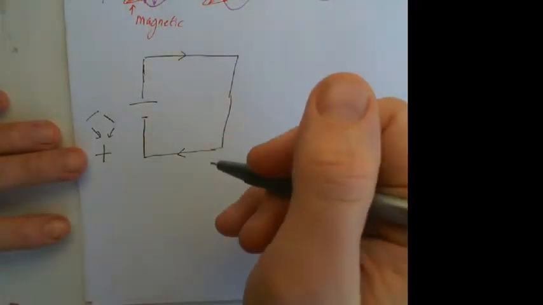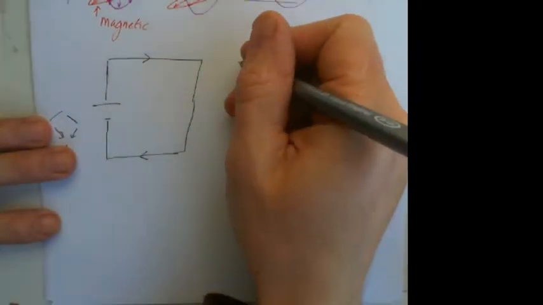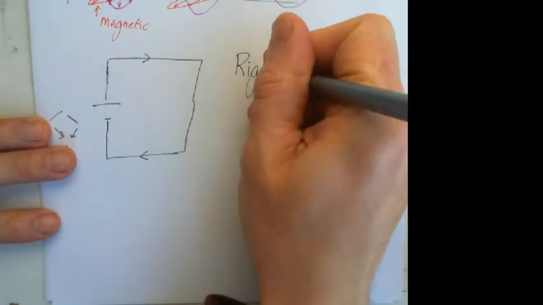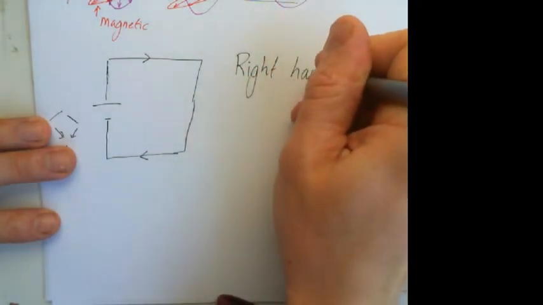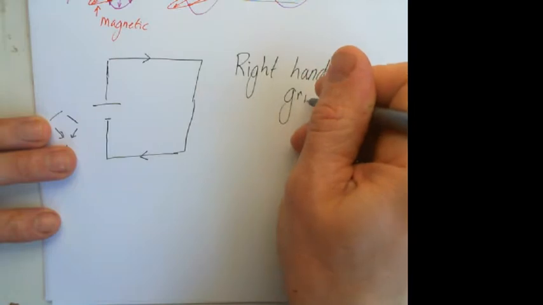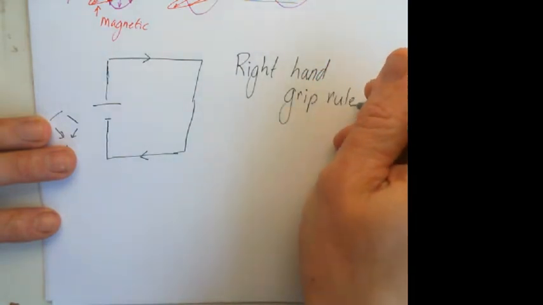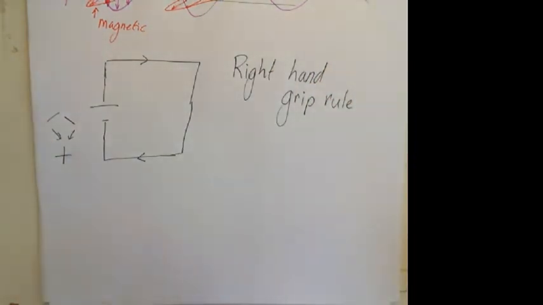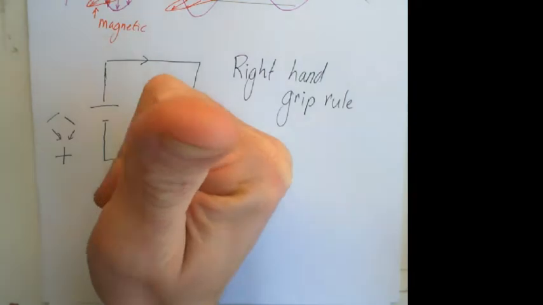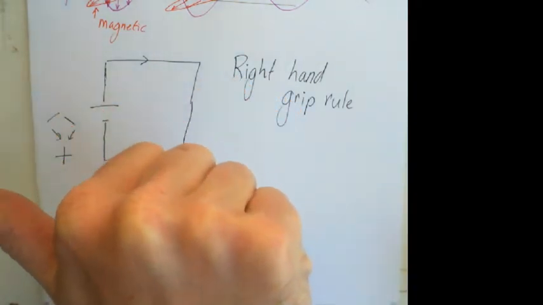Next is something called the right hand grip rule. If you imagine that you gripped hold of this wire with your right hand, always with your right hand, and then you've got your thumb.